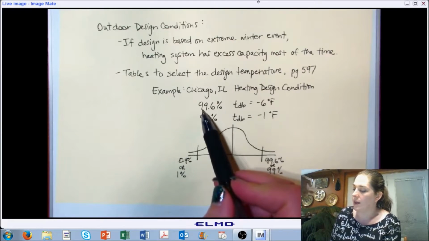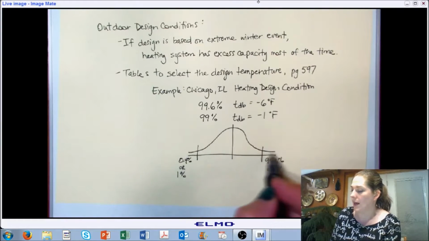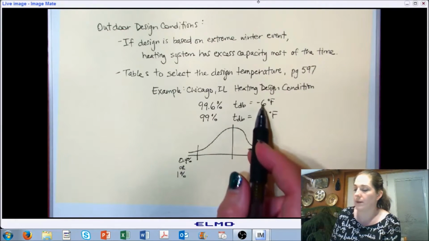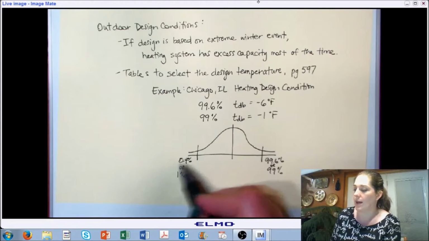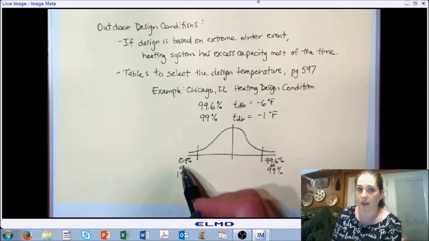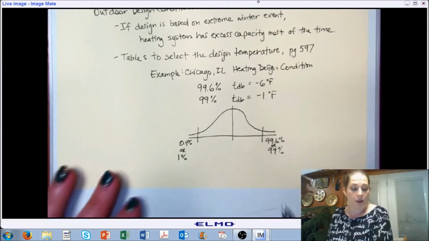Essentially, this 99.6% value says that 99.6% of the time the temperature is going to be above -6 Fahrenheit. So if you design your conditions to be at -6 Fahrenheit, then 0.4% of your time the outdoor condition is going to be such that your system can't maintain the set point condition that you have selected. So 0.4% of the time your system will fail.